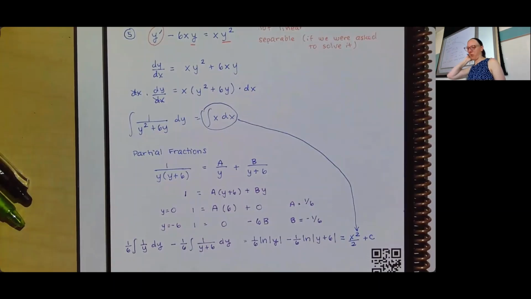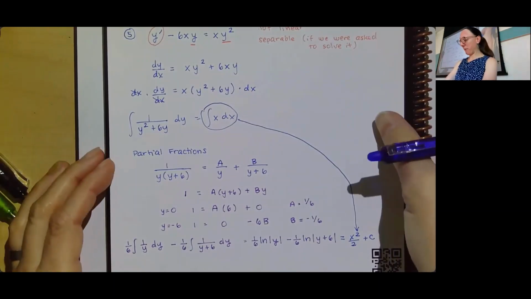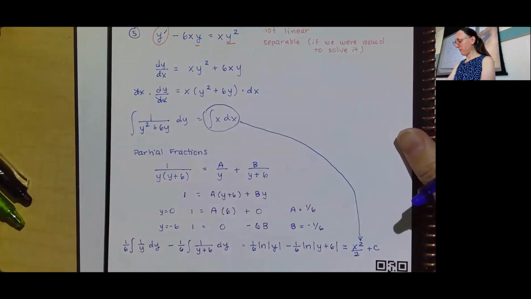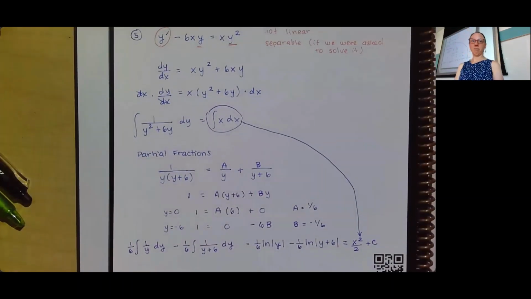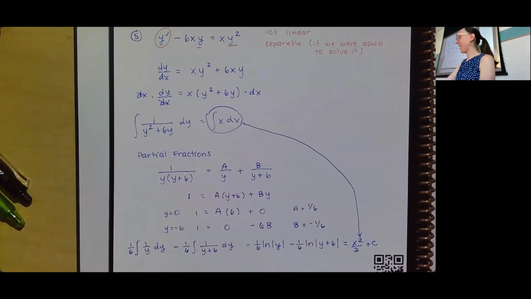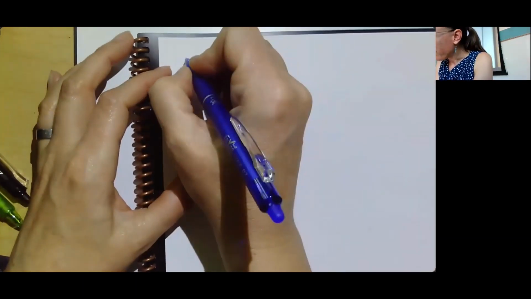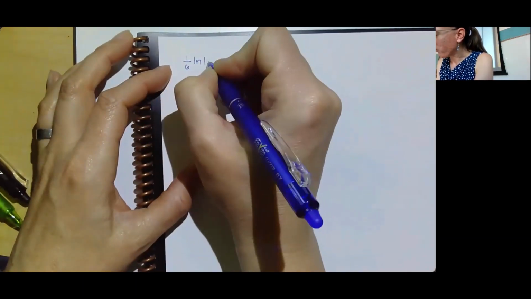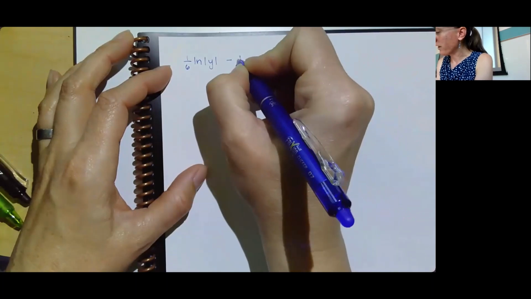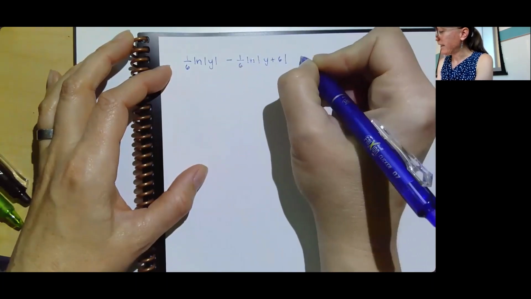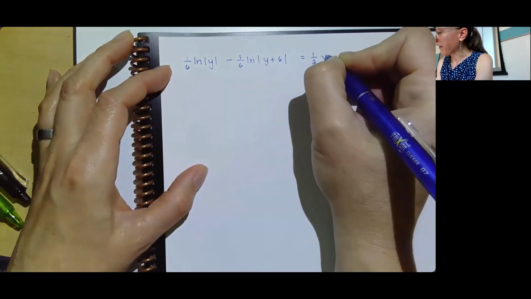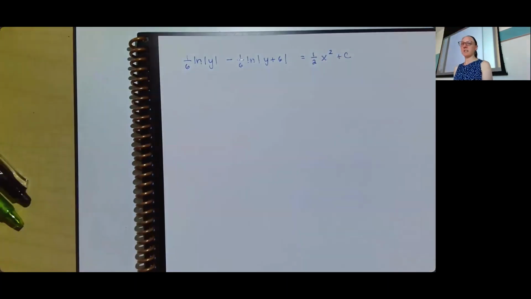Do the algebra? Okay. I definitely do not have space for that in this, so I'm going to flip the page. I'm just going to rewrite it. I got to rewrite this whole thing on the next line. So I've got 1/6 natural log absolute value of y minus 1/6 natural log absolute value of y plus 6 is equal to 1/2 x squared plus a constant.